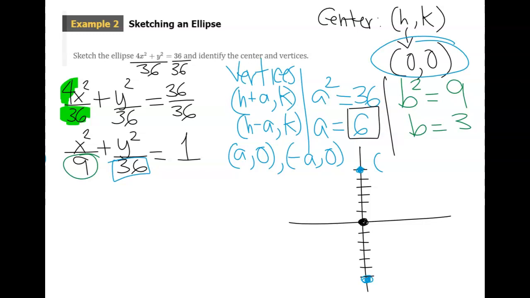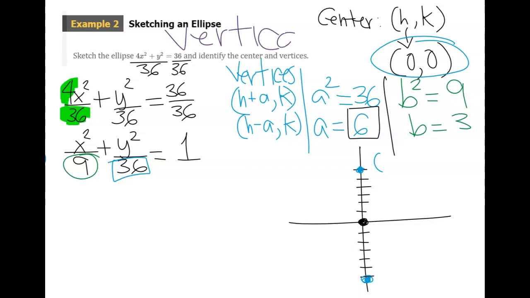So, okay, I did something wrong. I'm going to correct myself. Sorry about that. It should have been, it's a vertical ellipse. Vertical ellipse, I should probably write it here. So I shouldn't be adding to H. I should be adding to K. I'm so sorry.